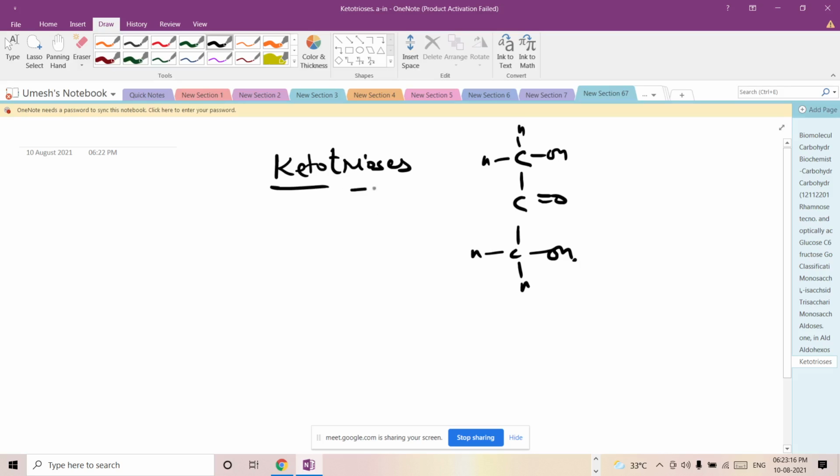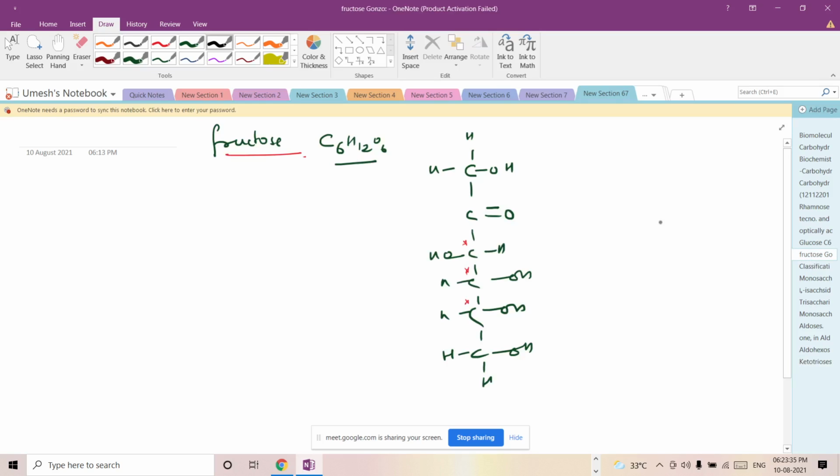It's a ketotriose. Similarly, if it is made of a 4 carbon chain, it will be called a ketotetrose, ketopentose. And fructose is nothing but a ketohexose. Ketohexose. Understood?